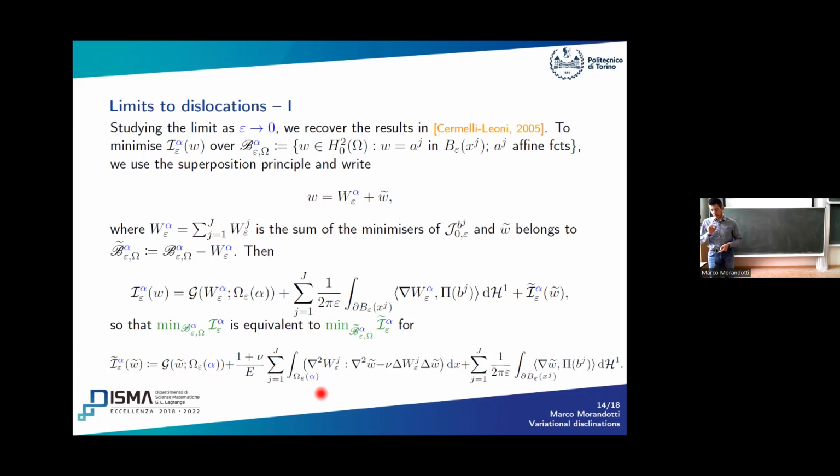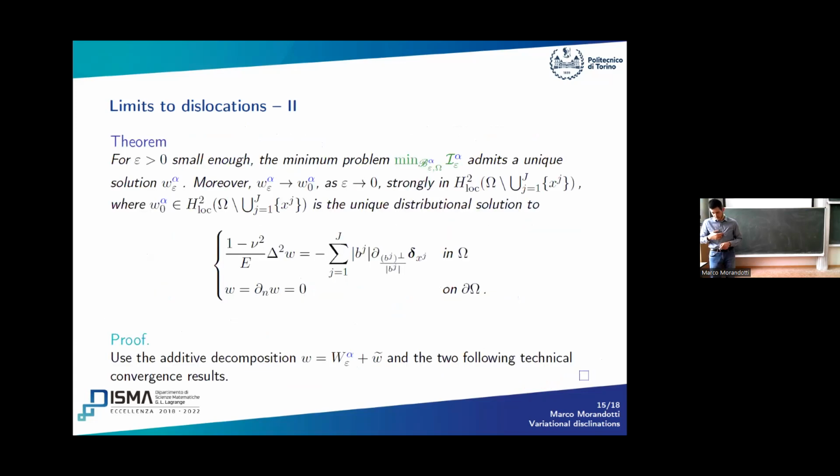Then there is an interaction term between the disclinations and the W tilde. And then there is something which comes from the theta or the delta applied to the W tilde here. Okay, so this scalar product here between the rotated Burgers vector and the gradient of W.